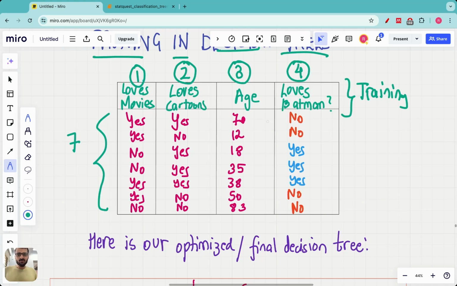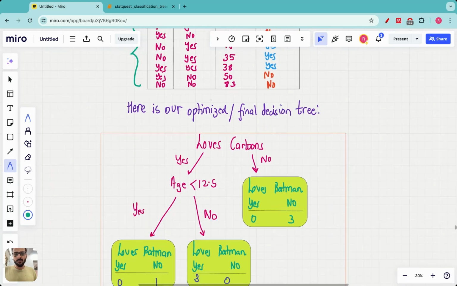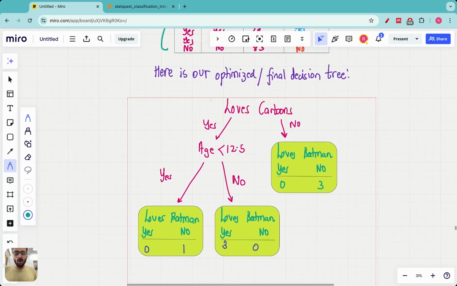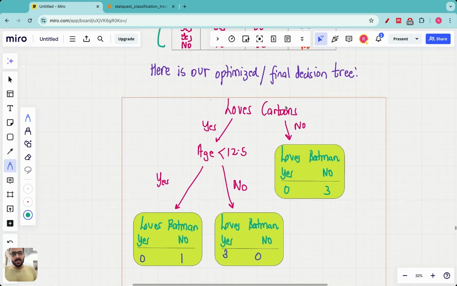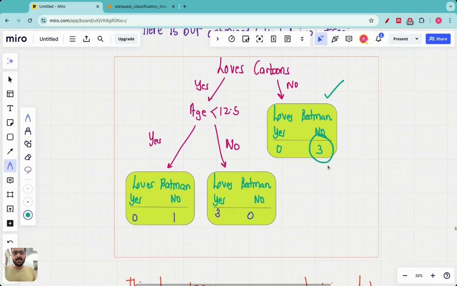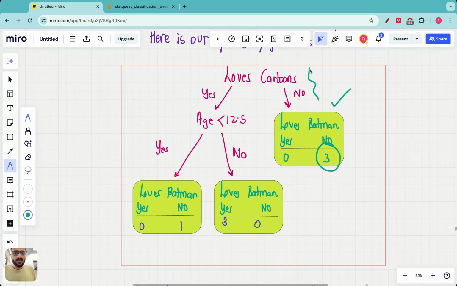In the previous lectures, we built this classification tree from scratch. So this turns out to be the optimal classification tree for training, where the first question we ask any person is, hey, do you love watching cartoons? If no, then we can confidently say that they don't love Batman. So that's the no side.